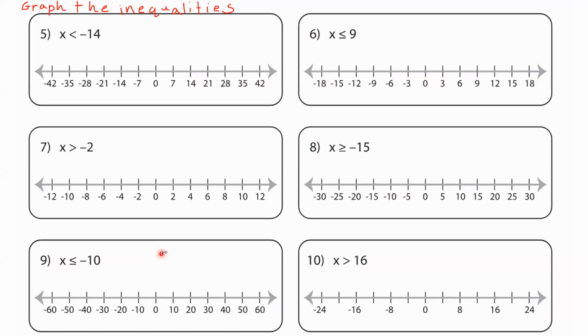Go ahead. Jaleel, what number you on? I'm on number 9. Number 9.